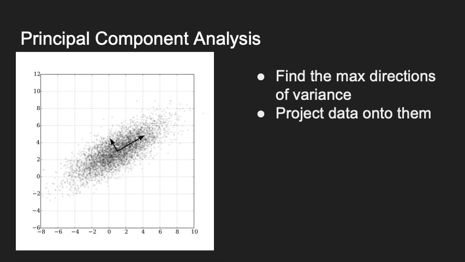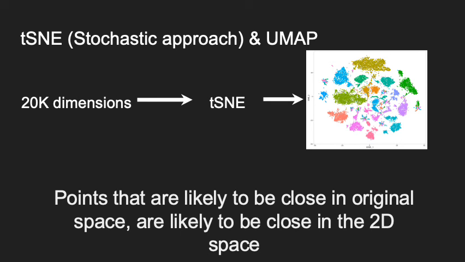Now some quick remarks on dimensionality reduction. You probably heard of PCA. PCA finds the main directions of variance and then projects the data onto them. However, as I briefly mentioned, there are other algorithms that you can use. One of them is t-SNE.